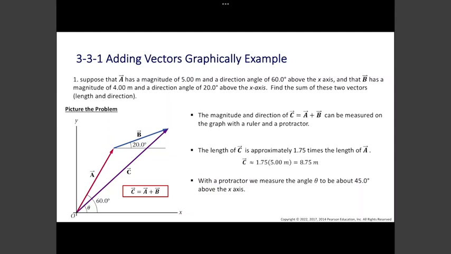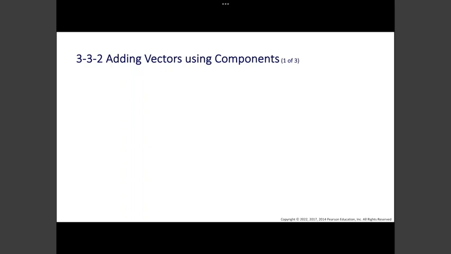But this graphical method of adding vectors yields approximate results and is limited by the accuracy with which the vectors can be drawn and measured.